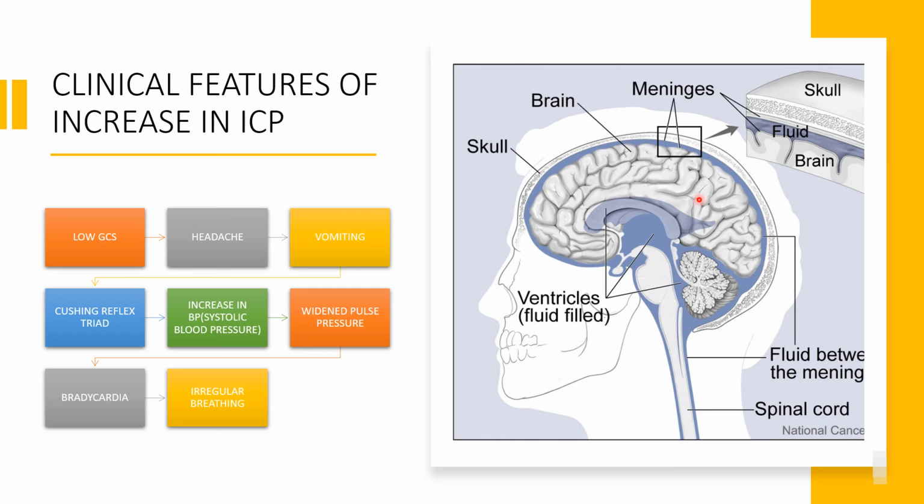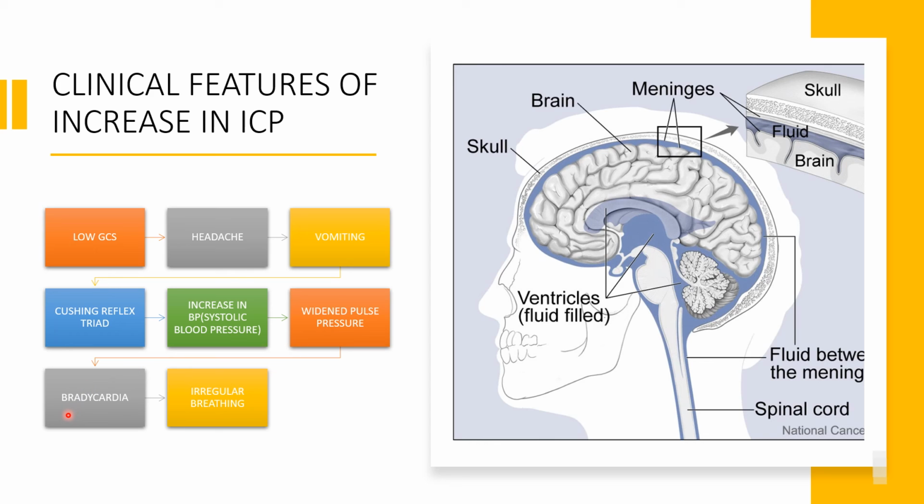What the adrenergic receptors do in the blood vessels is vasoconstriction. That's how the BP is increasing. In this case the systolic blood pressure is increasing. That's why you can see the widened pulse pressure. What is the pulse pressure? That is the difference between the systolic and the diastolic pressure.